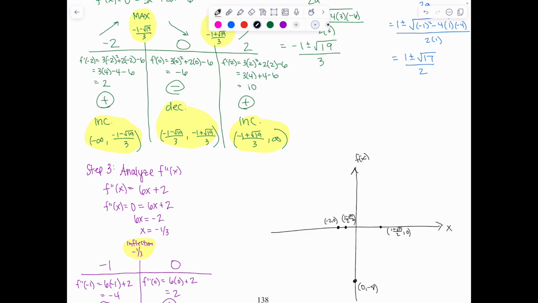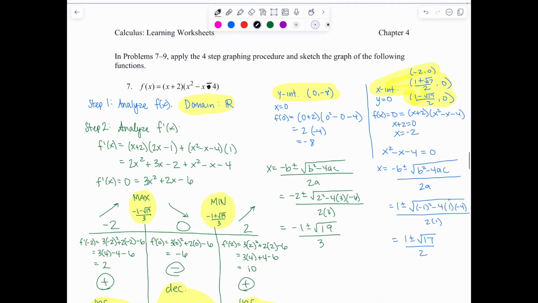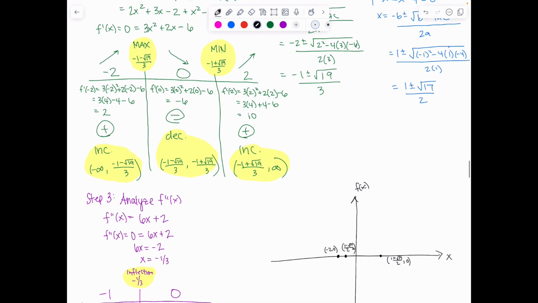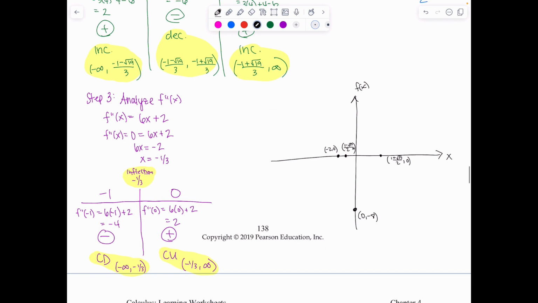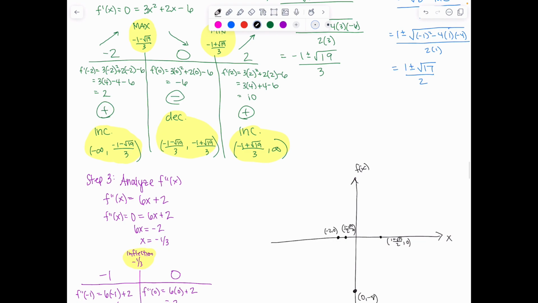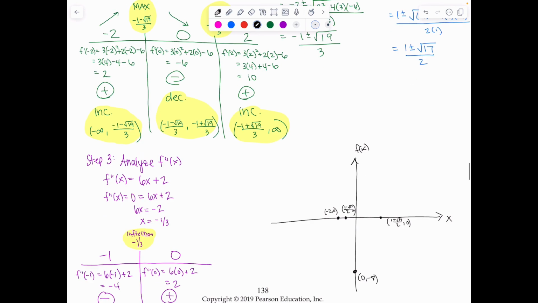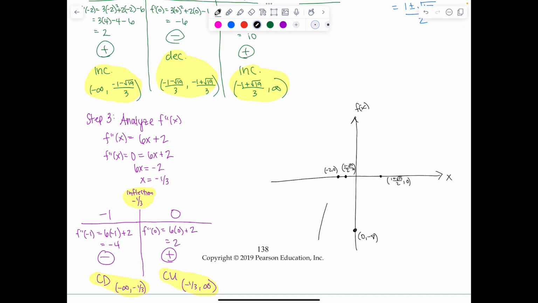Okay. Next, we know it's increasing up to this -1 minus root 19 over 3, and then decreasing, and then increasing. And we also know that it's concave down all the way until -1/3. So what this is telling us is we have this maximum, we are increasing, we hit our maximum, and then we are decreasing.